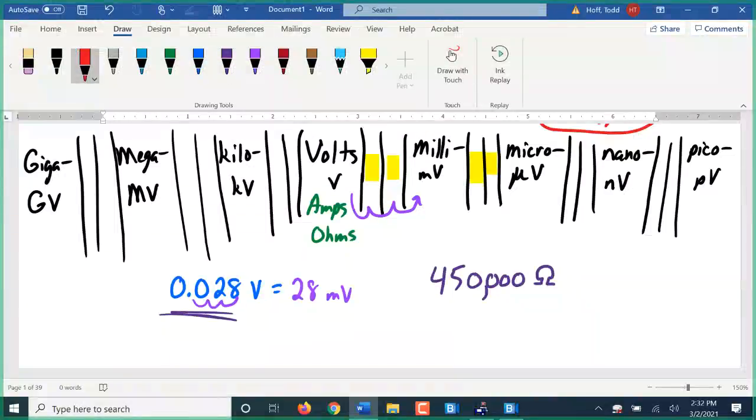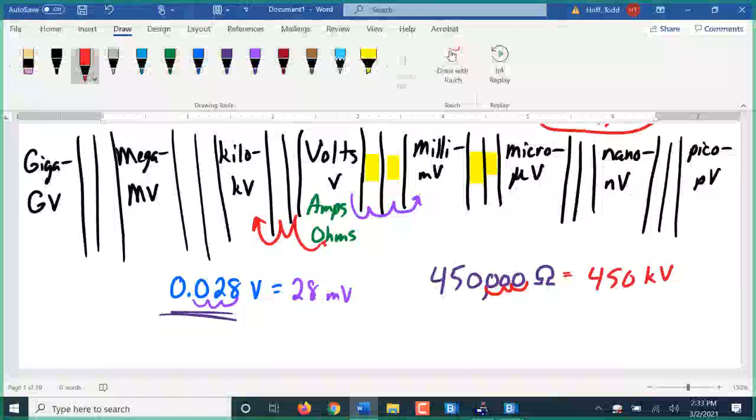So I'm moving my decimal point 3 spots at a time. 1, 2, 3. I can't go 3 more. It would be smaller than 1. So I've got to stop there. That's 450. From our ohms, we went 3 spots to the left. So on the chart, we're going to go 1, 2, 3 spots to the left. That's kilo-ohms. So that's 450 kilo-ohms rather than just 450,000 ohms.